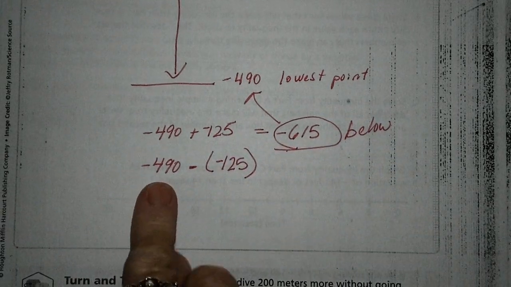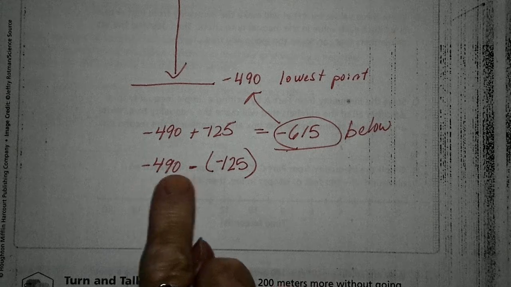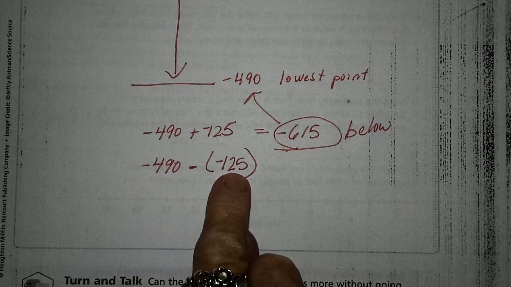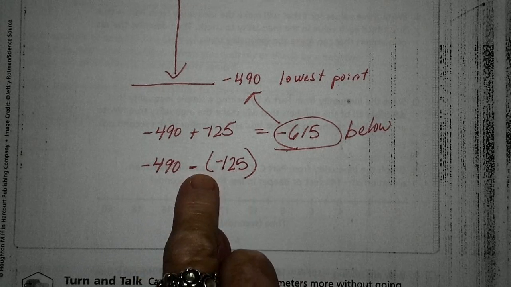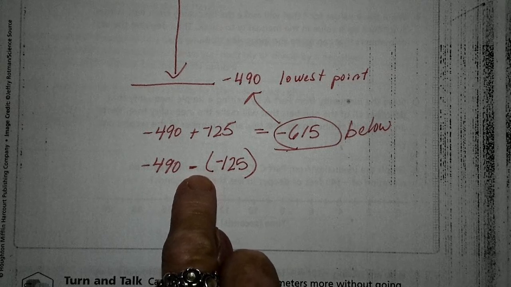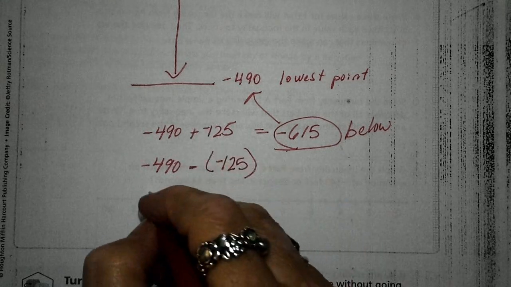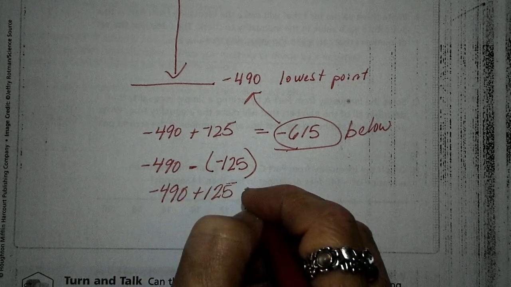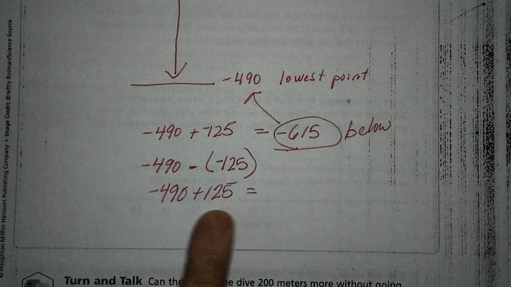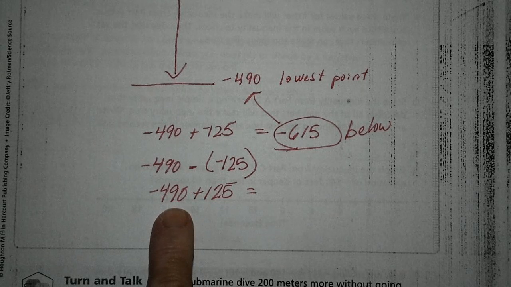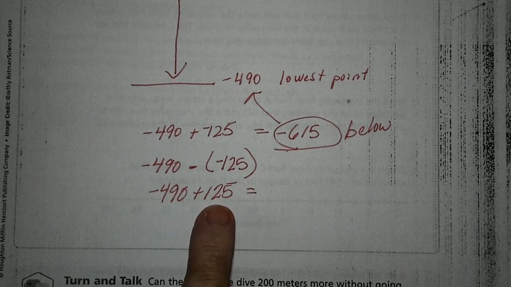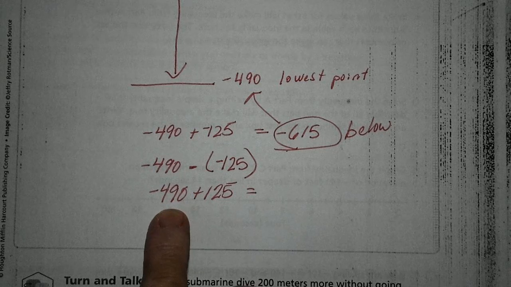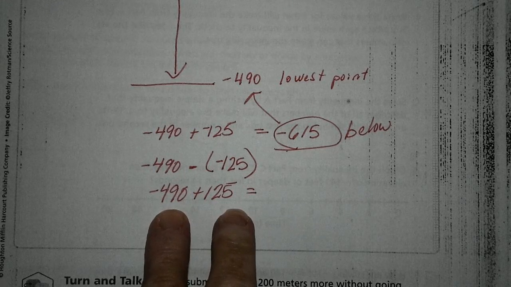Remember, if I do negative 490 minus negative 125, we need to add the opposite, right? Good job, Lawrence. So negative 490 plus 125. And then we have to follow the rules for integers. If I have a positive and a negative, I'm really subtracting them.